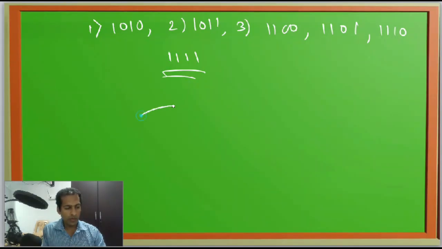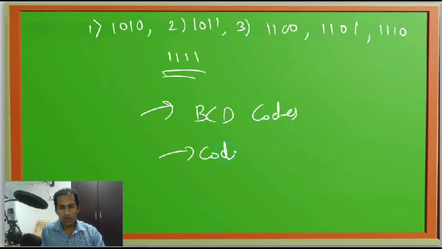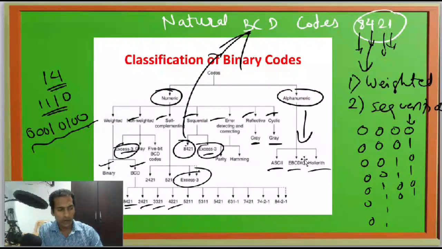Now this is about some introduction to BCD codes and some code systems. We have analyzed the types, and there are different methods we can use here. Now by using that, we have to perform various operations like BCD addition, BCD subtraction, then BCD subtraction using 9's complement or 10's complement.